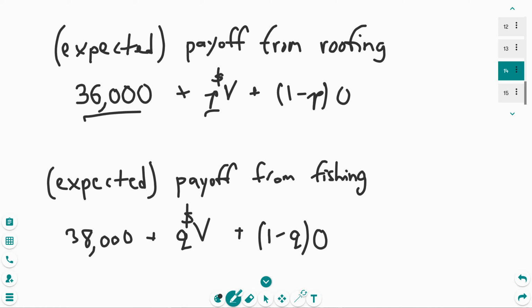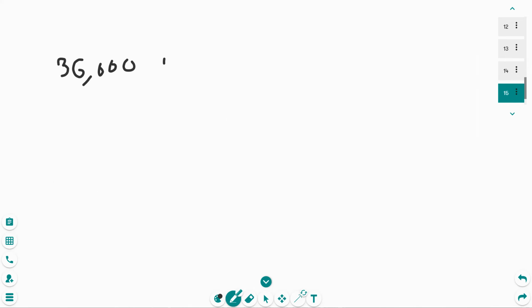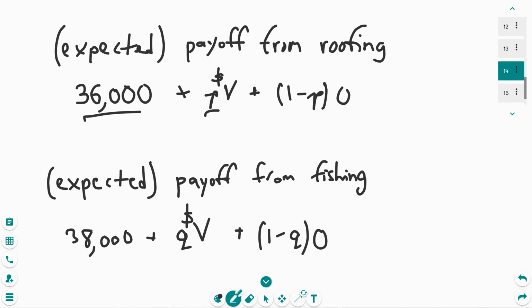So that's the underlying assumption of this next part, where we equate the expected payoffs from these two jobs. So for roofing, we have the salary plus the probability of surviving times the value of that survivorship. That's going to have to be equal, in equilibrium, to the salary of being a commercial fisherman plus the probability of surviving as a commercial fisherman times the value. I've just eliminated the terms that are 0 here.